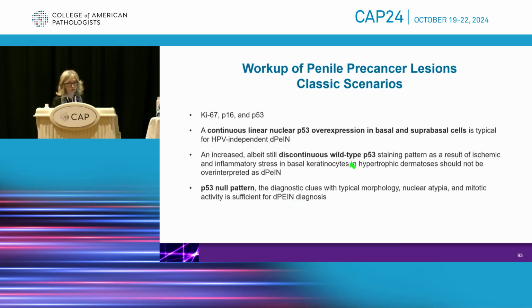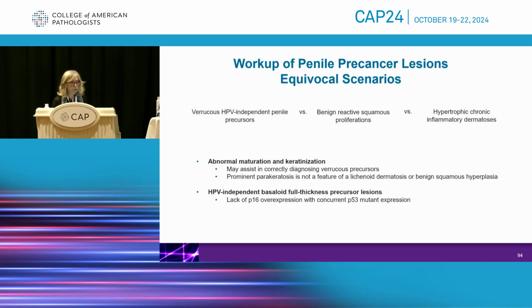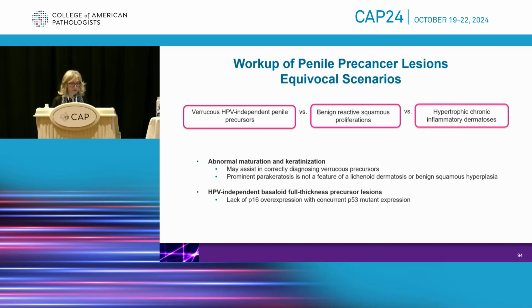And if I have a discontinuous wild-type pattern, then I think of that as the result of ischemic and inflammatory stress in basal keratinocytes in this hypertrophic dermatosis that should not be overinterpreted as PIN. And then what do we do with these more equivocal scenarios where you have these verrucous HPV-independent penile precursors or just benign reactive squamous proliferation or these hypertrophic chronic inflammatory dermatoses? So these are hard, and sometimes I don't even know what to do.